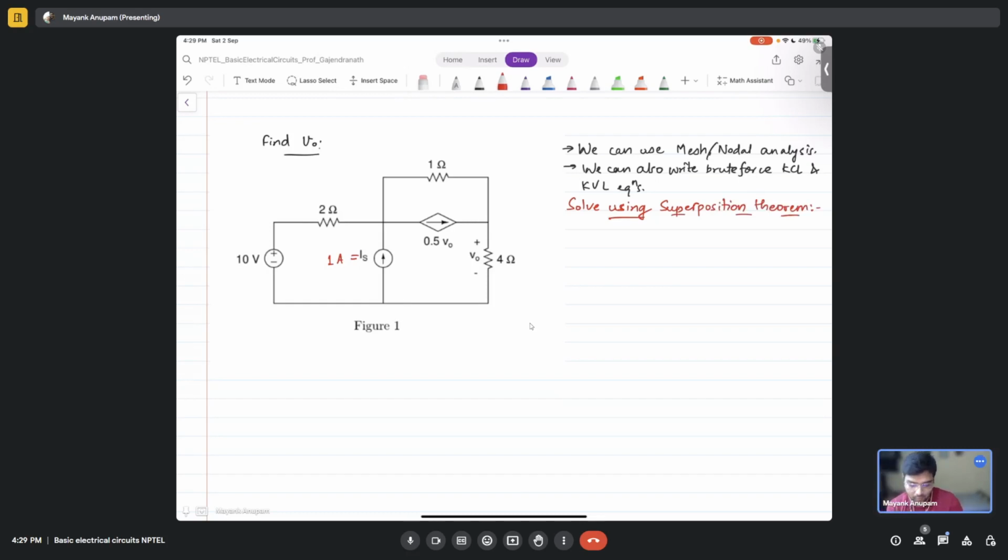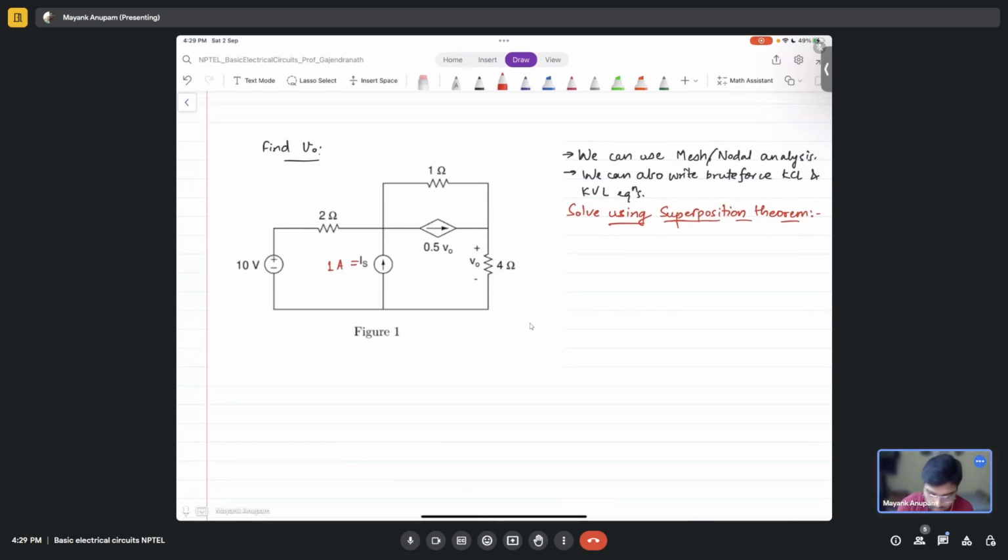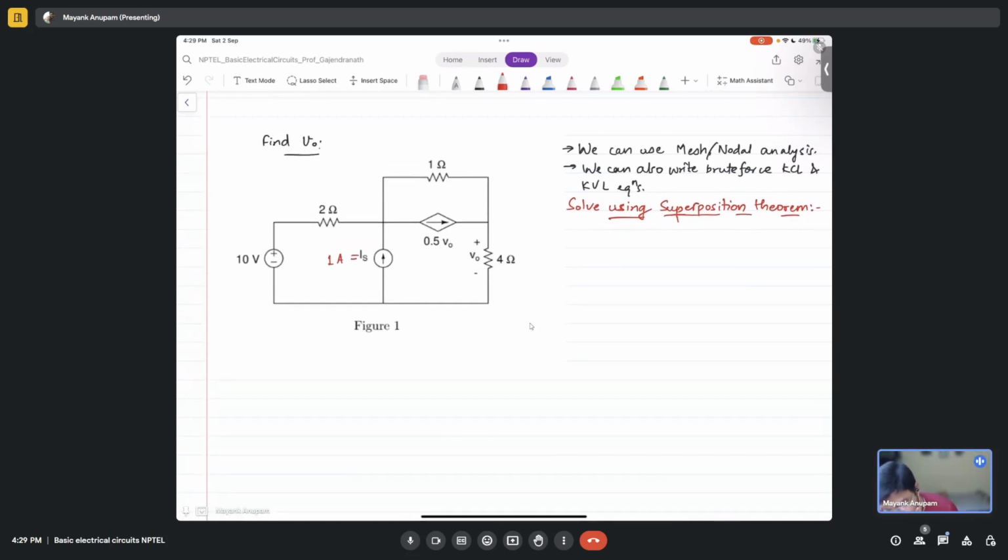Okay, so what we need to do is to use the superposition theorem. What does the superposition theorem say? It says that the response of a network which contains only linear elements is given by summing up the responses of that network to individual independent sources.